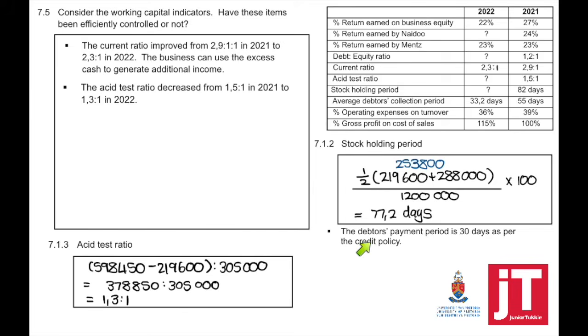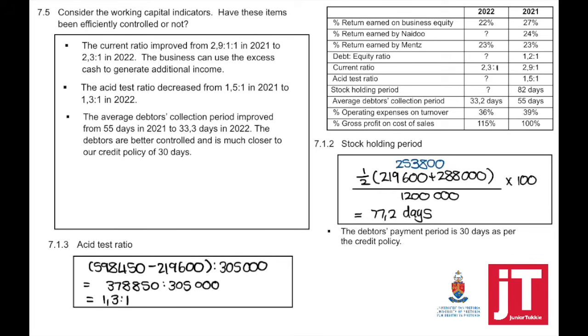And if we look at the additional information which was given, the debtors payment period is 30 days as per credit policy. So that is much closer to our credit policy than the 55 days. So indicate the financial indicator, quote the figures, and give an opinion: the debtors are better controlled and is much closer to our credit policy of 30 days.